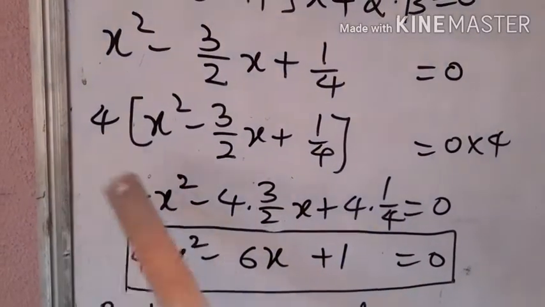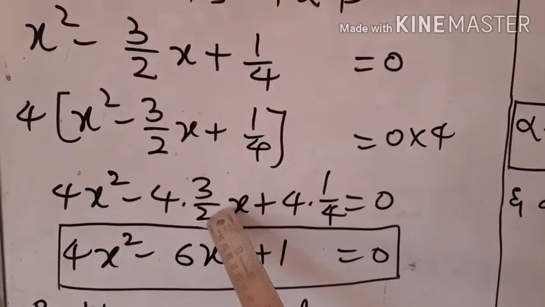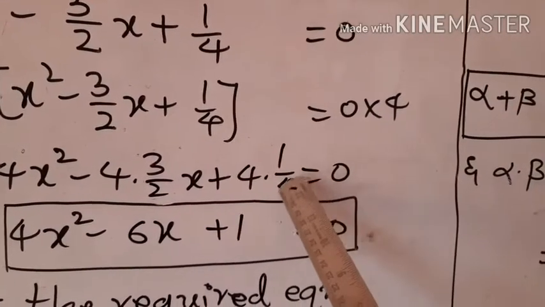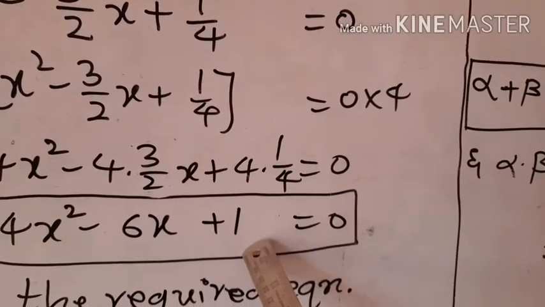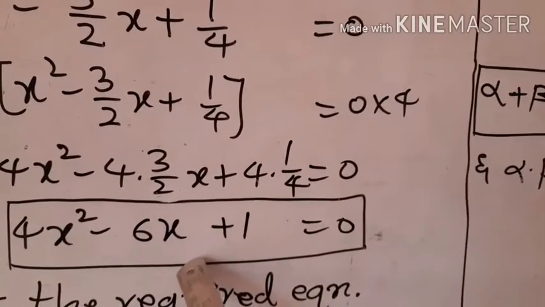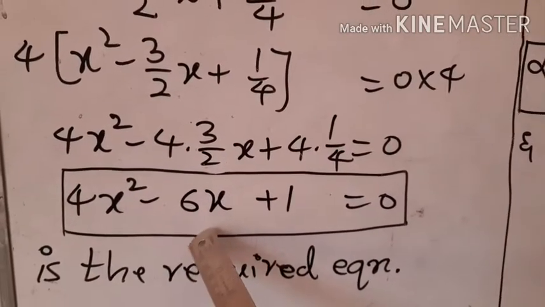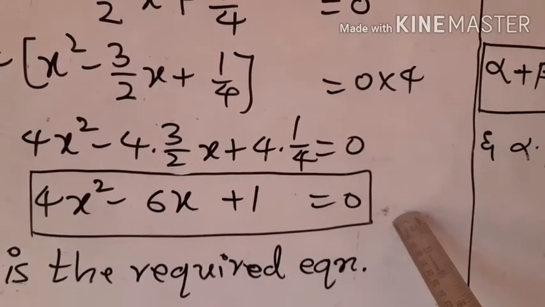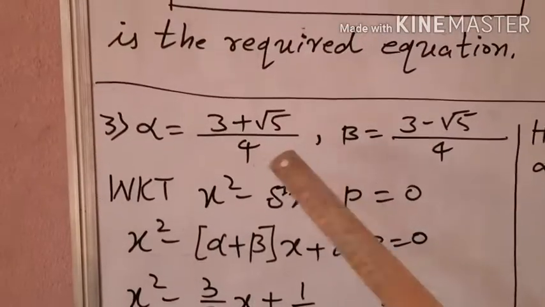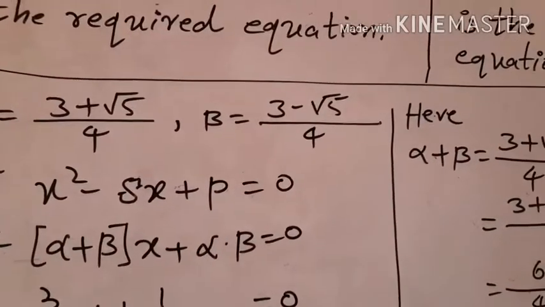Now you see 4 into x squared is 4x squared. 4 into minus 3 by 2 x is minus 6x. 4 into 1 by 4, here 4 4s get cancelled. 1 remains. Thus 4x squared minus 6x plus 1 is equal to 0 is the required equation whose roots are (3 plus root 5) by 4 and (3 minus root 5) by 4.